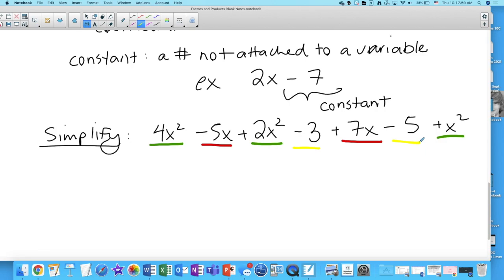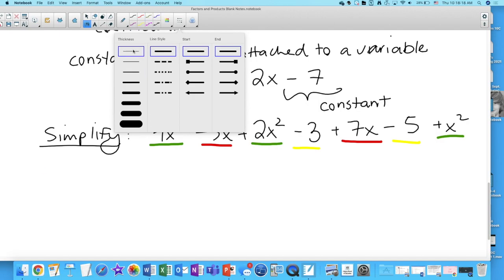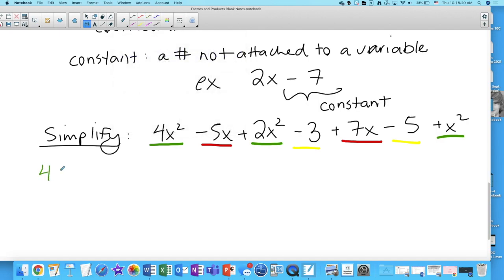If you're adding x squared, you have one of them, 1x squared. Okay? So for the x squared terms, I have, and a lot of you guys don't need to do this. You can do this in your head, but you have 4x squared plus 2x squared plus x squared. And remember, that's like 1x squared. That's 7x squareds.